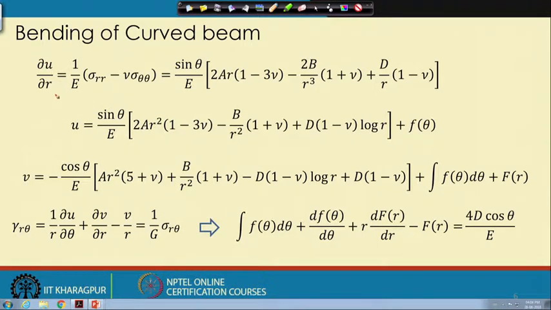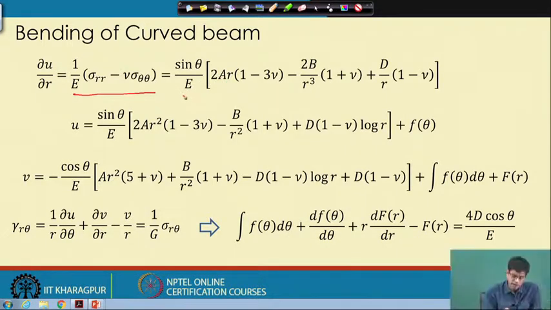Here, del u by del r, I use this, and after some manipulation, which we have not shown here, you can just do and check this manipulation, this becomes del u by del r.